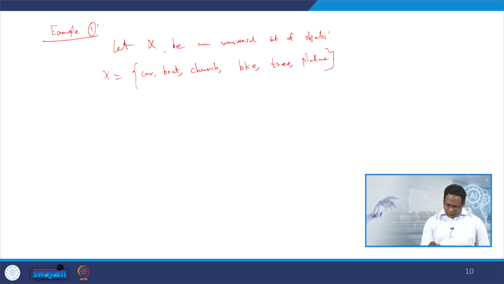Okay, there are 6 elements of this universal set: car, boat, church, bike, tree and plateau.